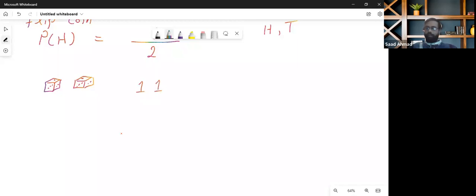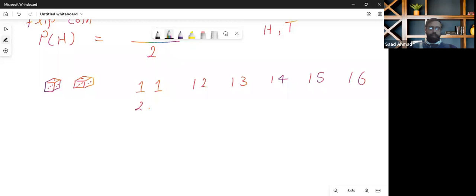Or the first one has a 1 and the second has a 2, 3, 4, 5, or 6, because there are 6 sides on this die.